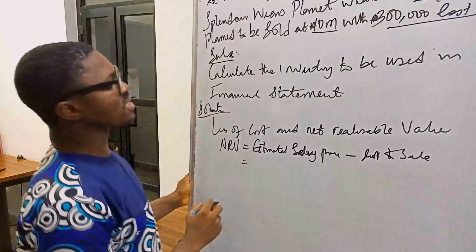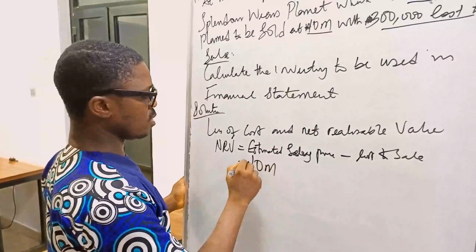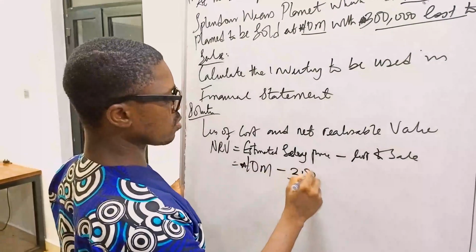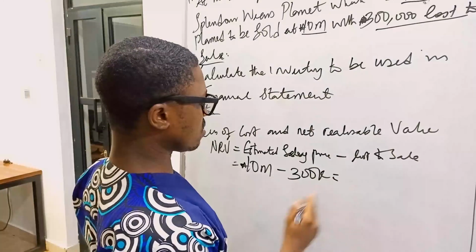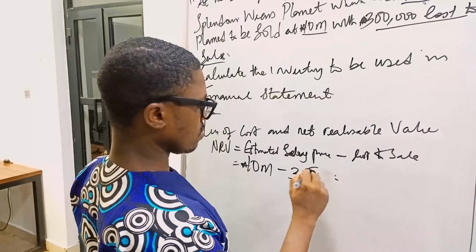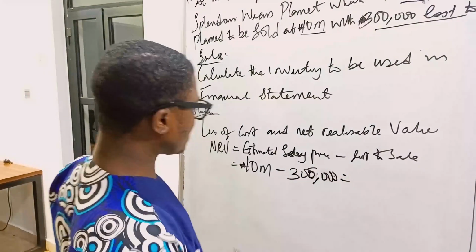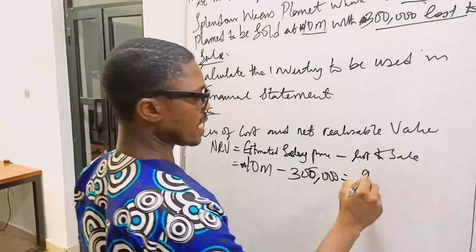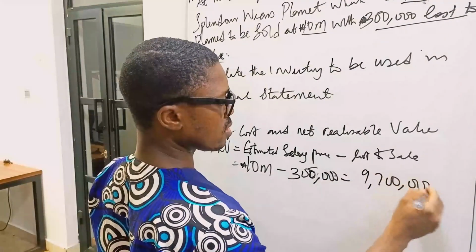Now here our estimated selling price is 10 million naira. Cost to sell is 300k. That means our net realizable value will be 9,700,000 naira.